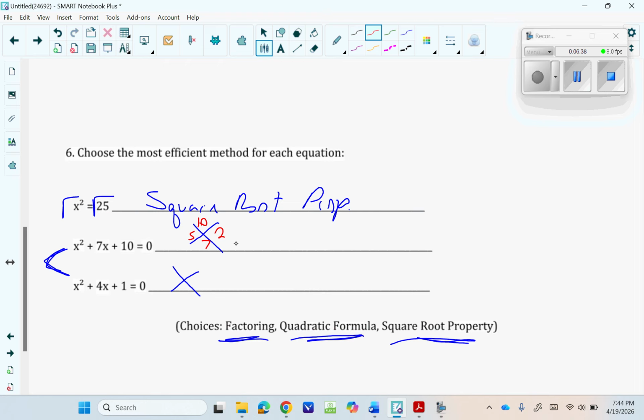That would be 5 and 2. Let's try this. For this one, if I multiply these two together, I'm going to get a 1 and then 4. So 2 factors of 1 that add to give me 4. That's impossible. So that's how I know that this one is going to be the quadratic formula and this one is going to be factoring. I can spell it. Okay, and that is it.